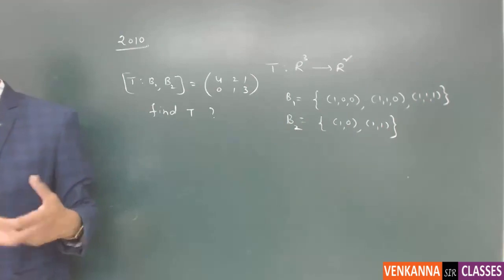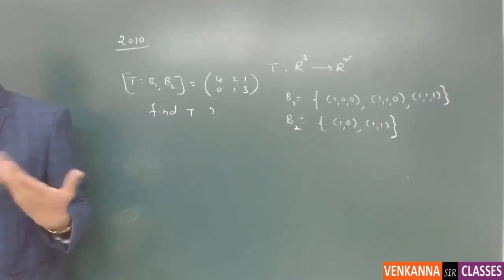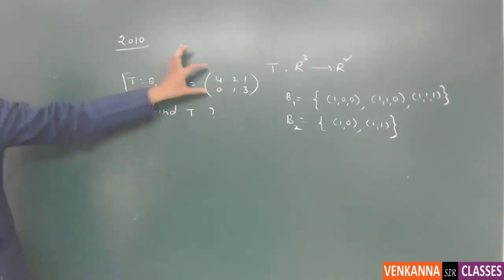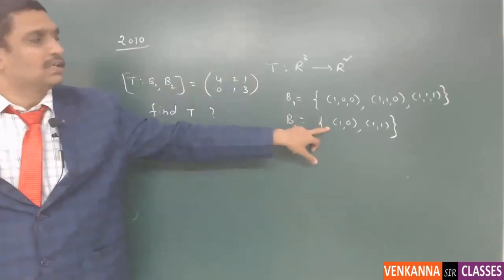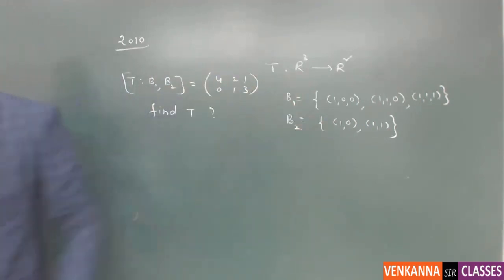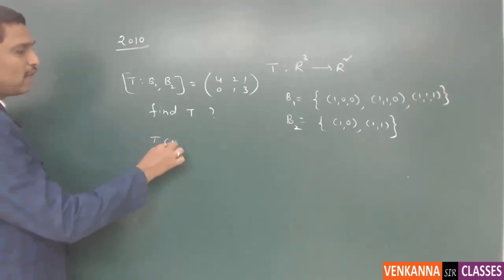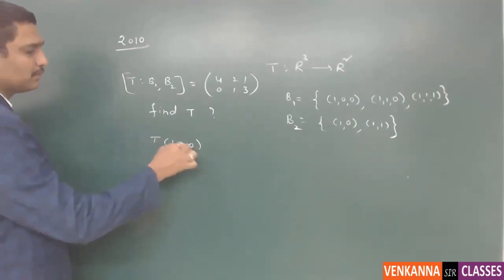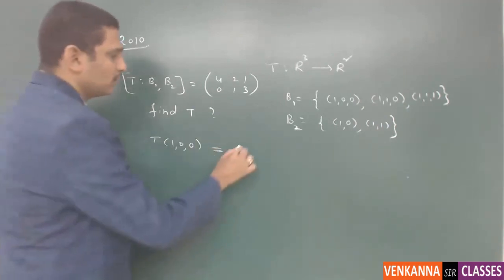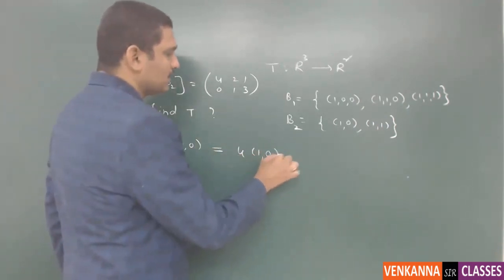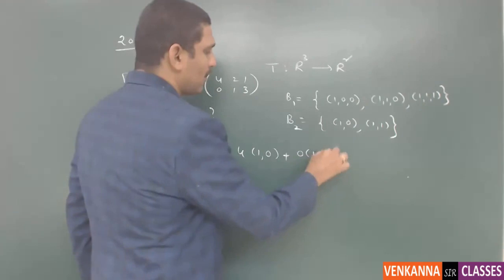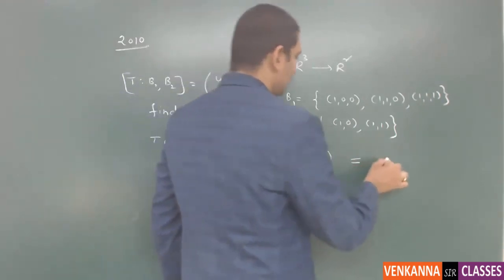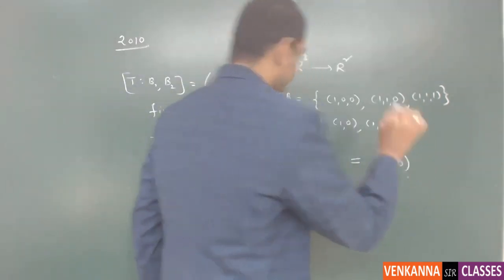So if you want to know the images, it is very simple that if you multiply the column with the basis, you will get the images. So T of (1,0,0) is nothing but 4 into (1,0) plus 0 into (1,1), which gives that (4,0).